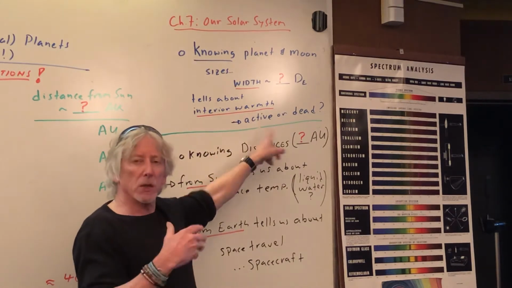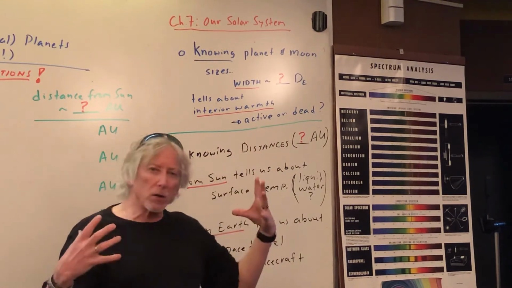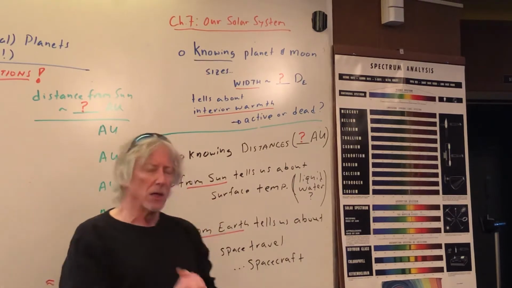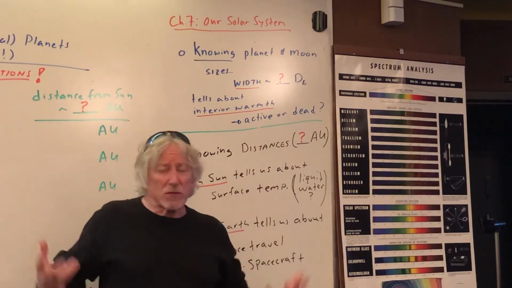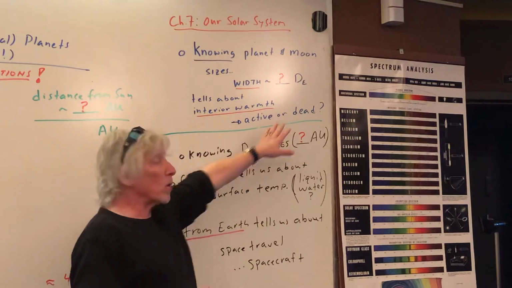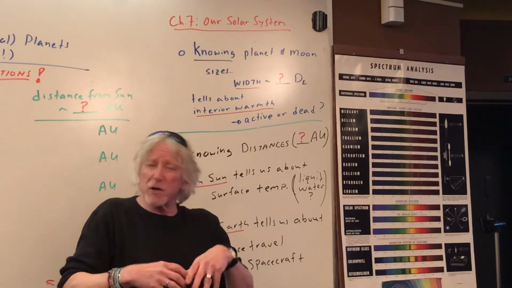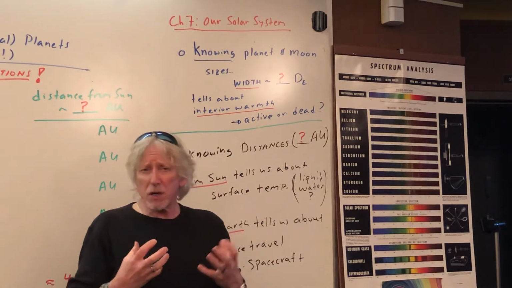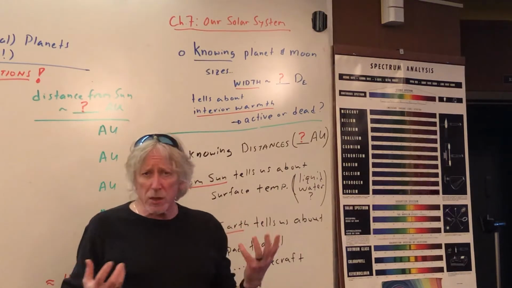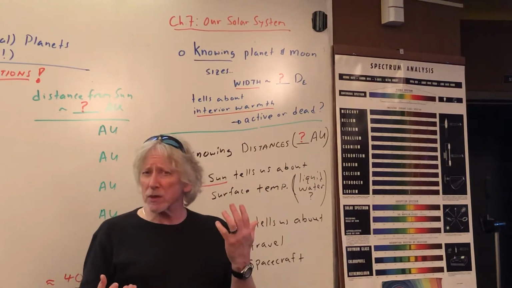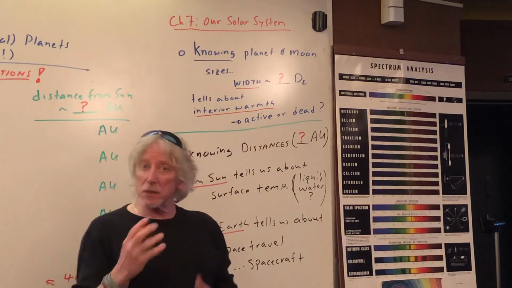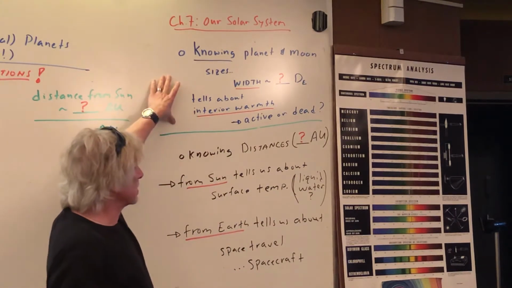Is it still active? Has it got volcanoes? Has it got tectonics? Is it releasing gas for an atmosphere? What's going on? Or is it dead? Is it pretty much cooled down inside for the most part, not really moving around much, not much volcanism, maybe no atmosphere, maybe no magnetosphere? These are the things that this can tell us.